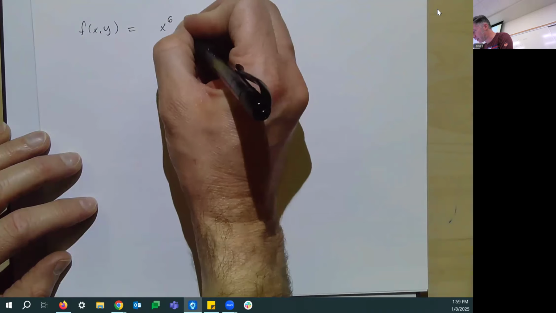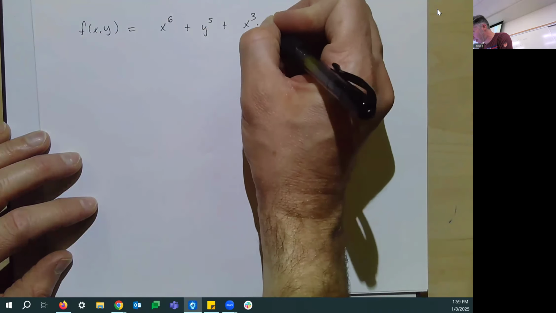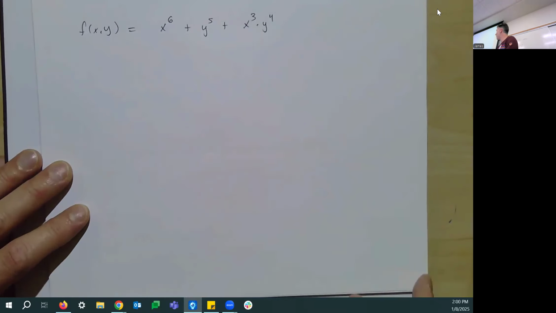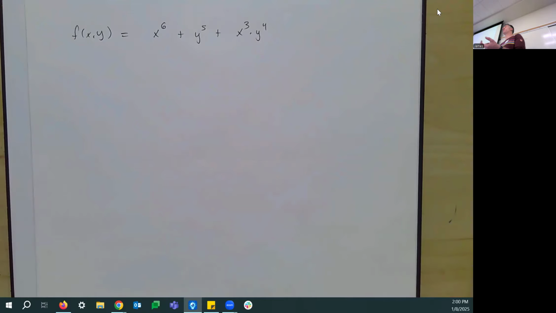So if you had a function of x and y, like x to the 6th plus y to the 5th plus x cubed times y to the 4th, if I wanted to find the partial derivative with respect to x, which means we are pretending like y is a constant, or we're only moving in the x direction, so y is essentially acting like a constant.